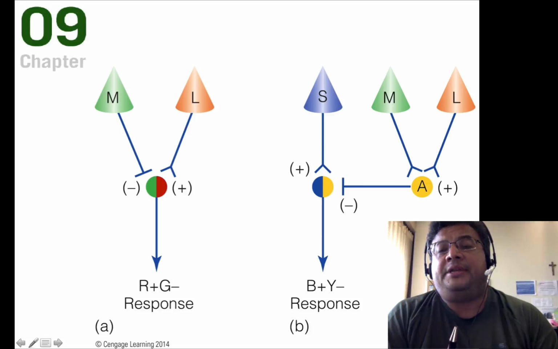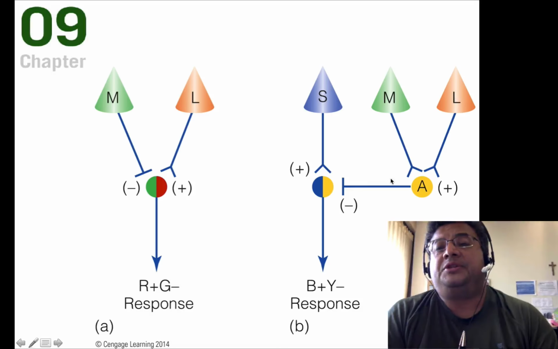We also have another circuit for the blue and the yellow response. So once again, we have a cone that responds to the shorter blue wavelengths, a cone that responds to the medium green wavelengths, and a cone that responds to the longer red wavelengths. This circuit's a little bit more complicated.